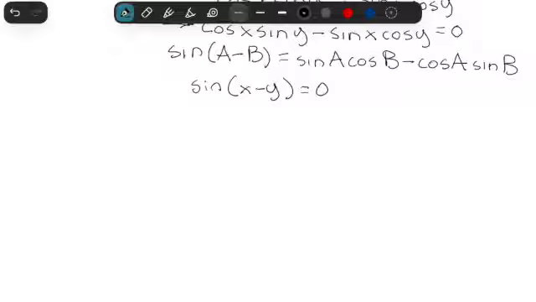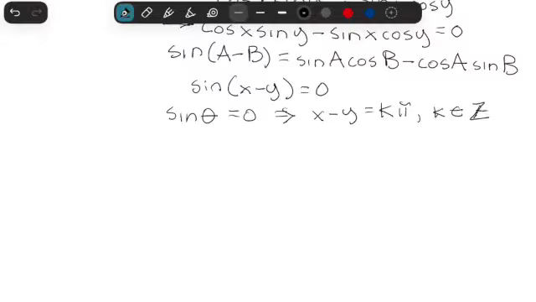Now let's solve for x and y. So what would make this true? We know that sine theta equals 0 when x minus y equals some multiple of pi, where k is an integer.